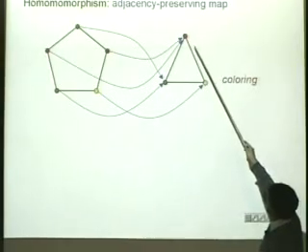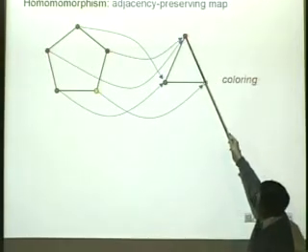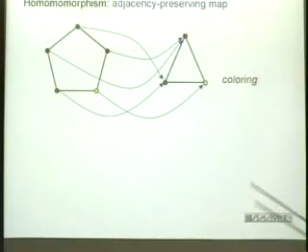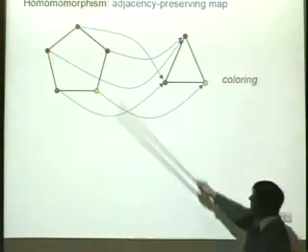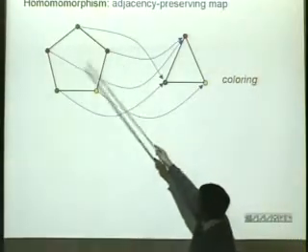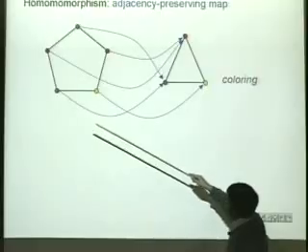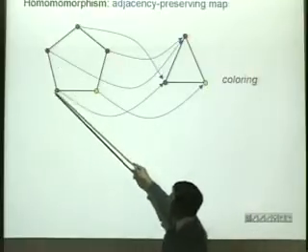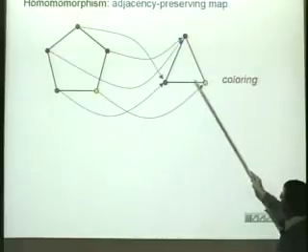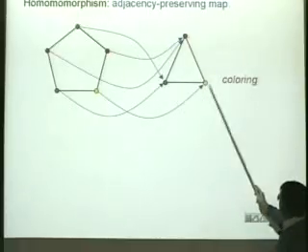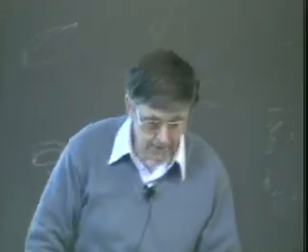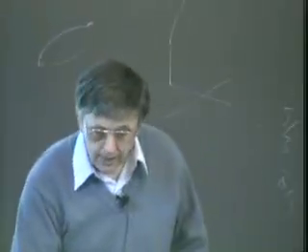Let me point out right away that if I color the vertices of the triangle, then I can pull back this coloring to the pentagon. And in fact, this will be exactly a good coloring of the pentagon, because if you take any two adjacent points, they are necessarily mapped onto adjacent and therefore different points of the triangle, and so they have different colors. So coloring problems are hidden here.